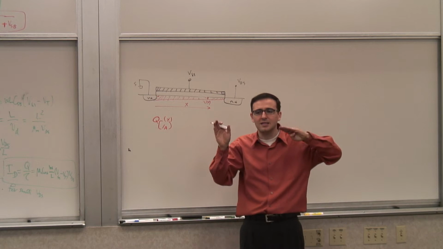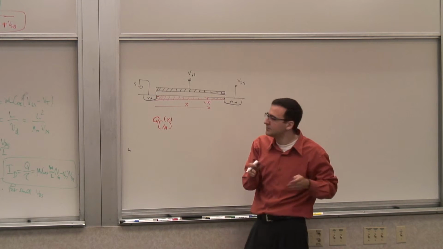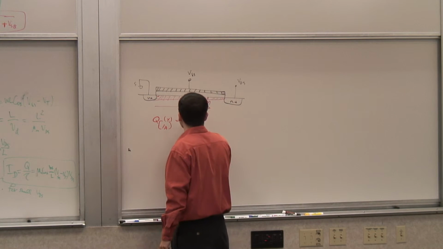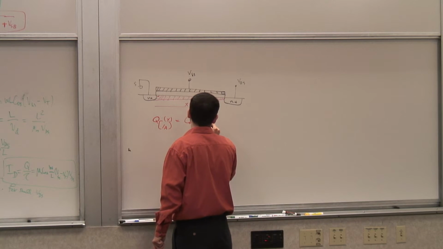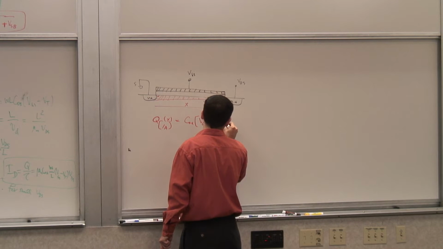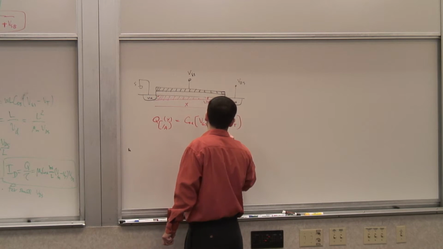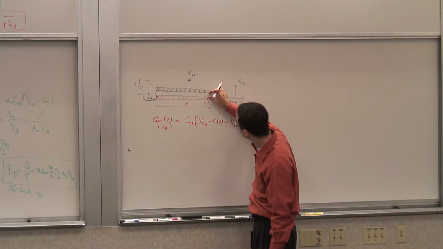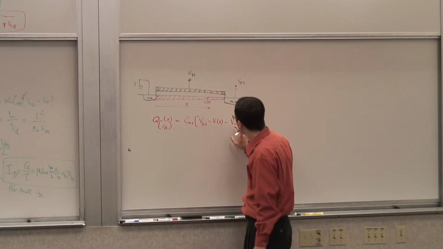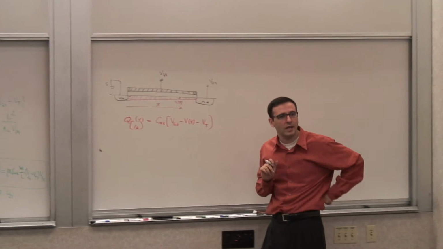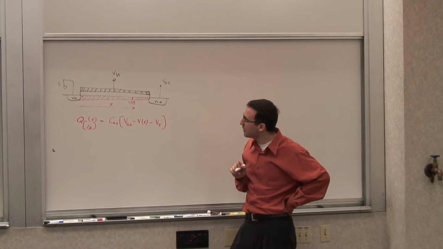And whatever excess voltage I have on top of my Vt, that should give the charge. So that would be Cox times (VGS minus V of x minus Vt). So this is this voltage difference, because this voltage is constant. This is a conductor, right? It's constant all across. Minus Vt. Okay? So that's my charge density there.